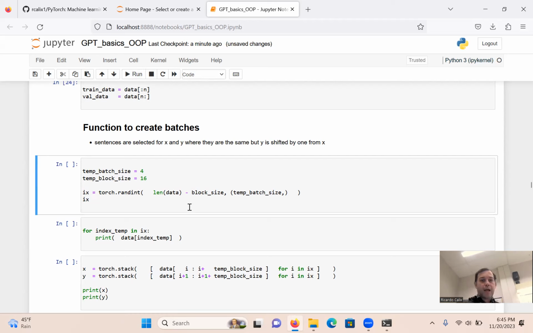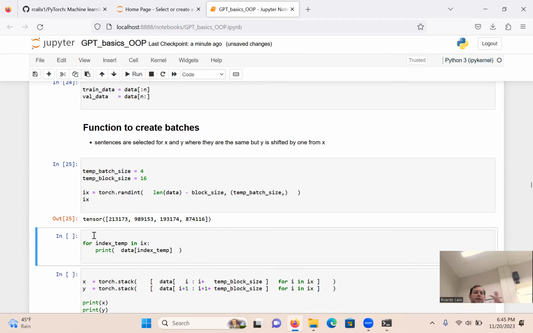Now, this will just pick some random values. So let's run this piece of code. You can see that it picked 213,173, 989,153, 193,174 and 874,116.